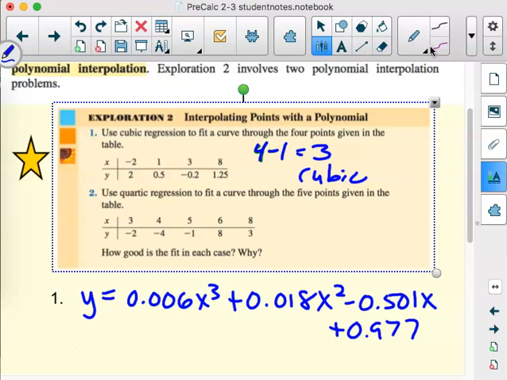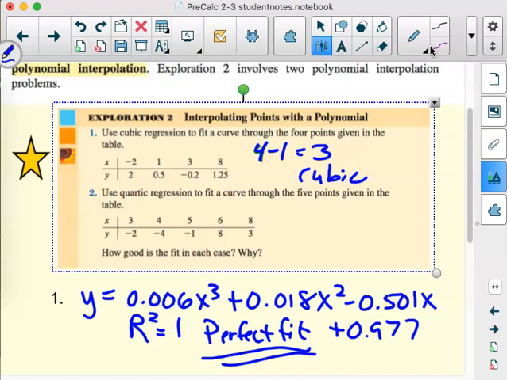And there is our cubic regression. And because r squared, the coefficient of determination, was 1, this is a perfect fit. And you know that's what we are after at this level of math, is always perfect, perfect.